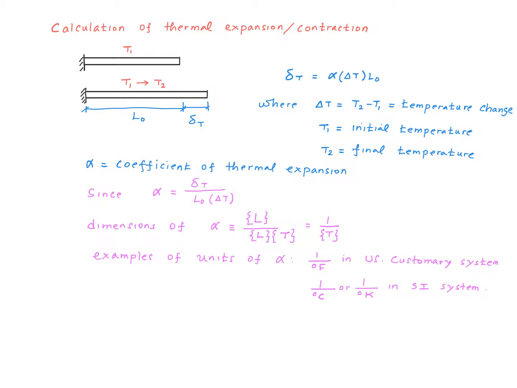The L and L cancel out, so we end up with 1 over temperature. We use Fahrenheit to measure temperature in the US customary system, or degrees Celsius or Kelvin in the SI system. So the units of alpha are 1 over degree Fahrenheit, or 1 over degree Celsius, or 1 over Kelvin.